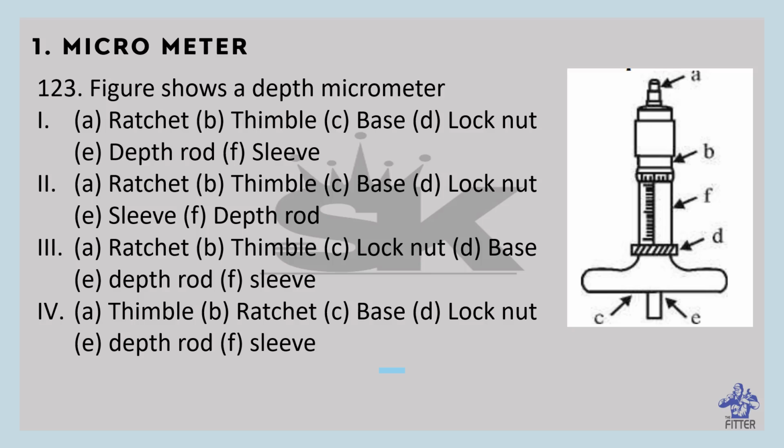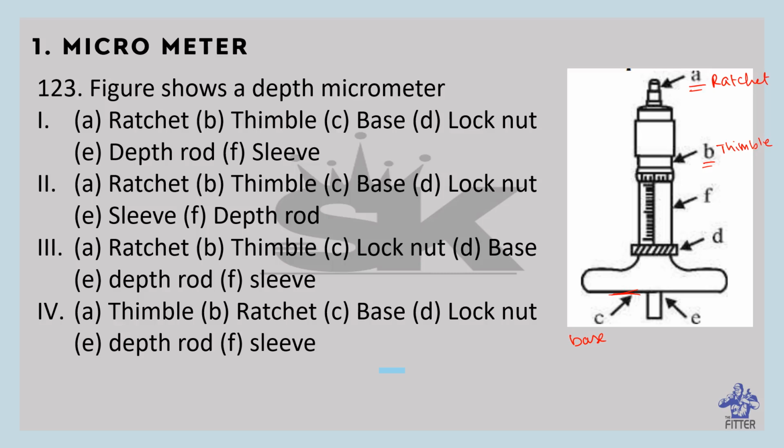Option A is ratchet, we all know that. Option B is thimble. Option C is base.